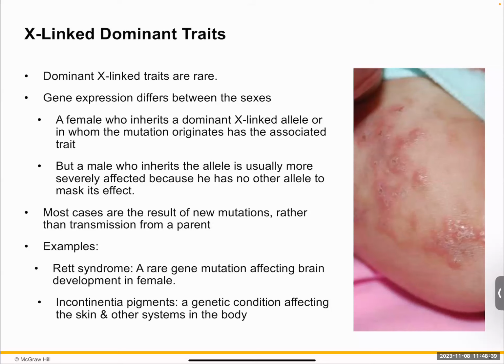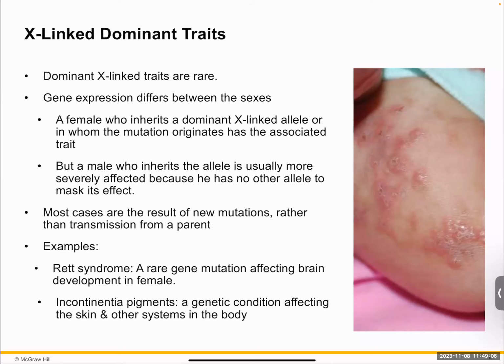So gene expression in this case is different between the sexes. If you have a female who has inherited a dominant X-linked trait, they are going to be possibly okay, but not necessarily. But again, it's very rare.